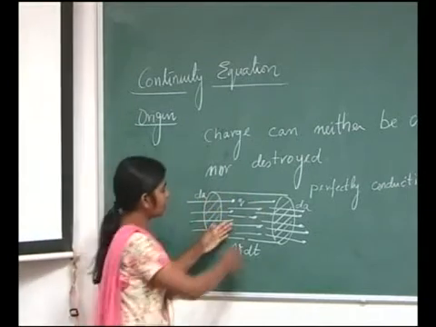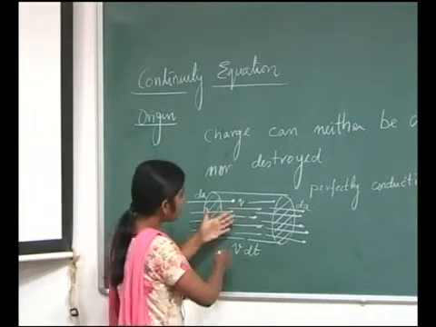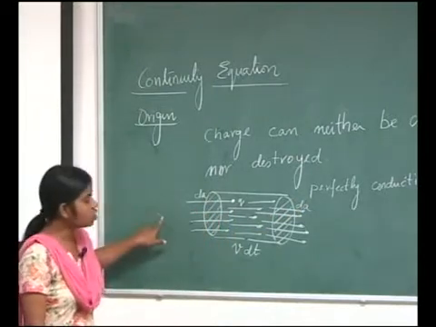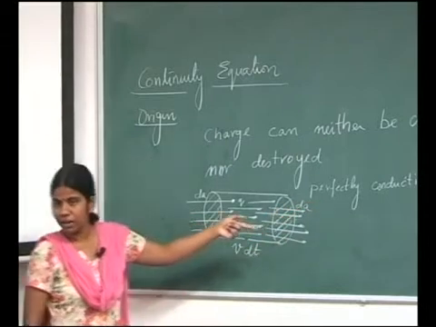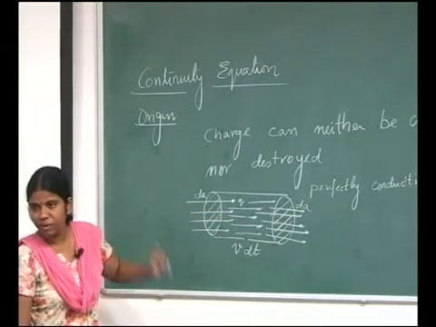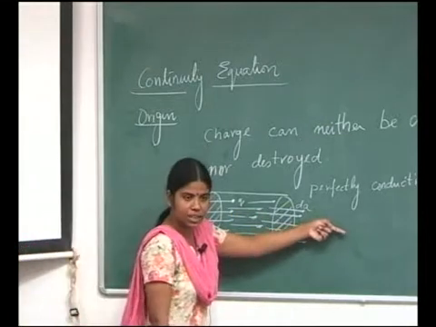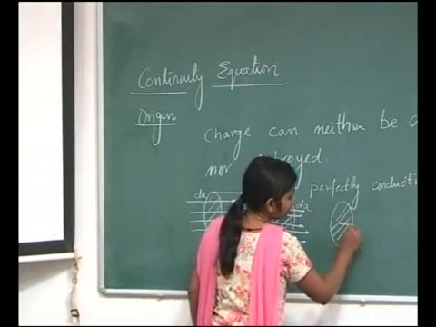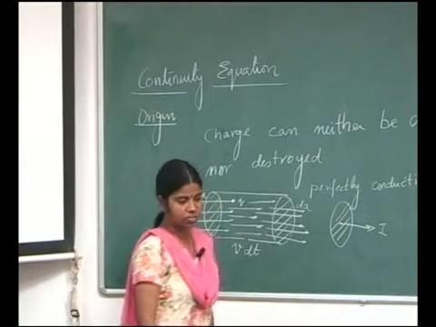There are no sinks in between, as I have assumed, so all the charge that enters will come out, and the direction of the current will be perpendicular to the surface area. Current will come out like this, perpendicular to the surface.